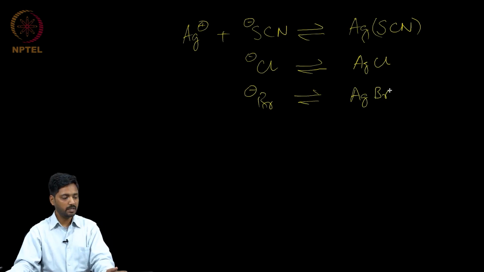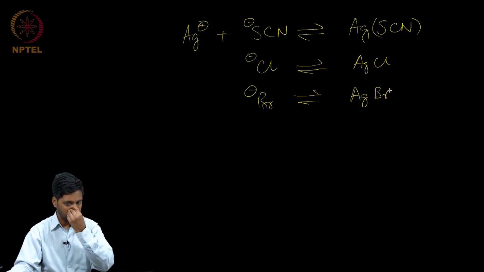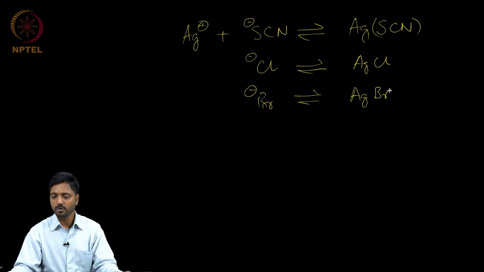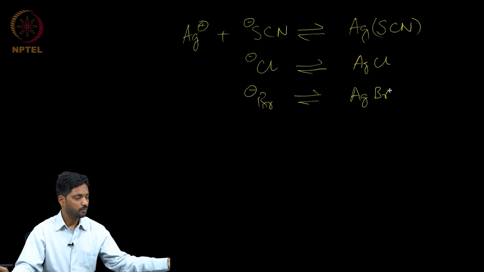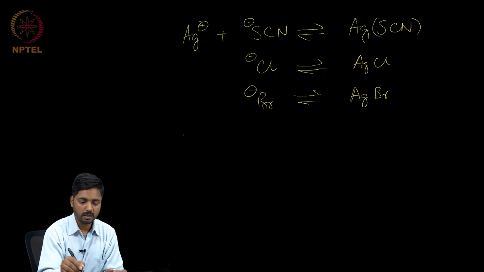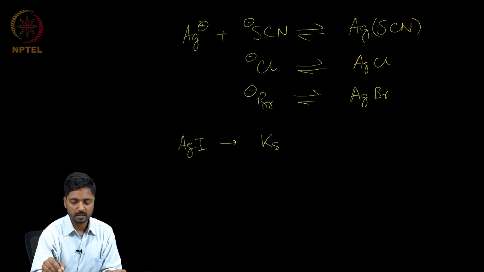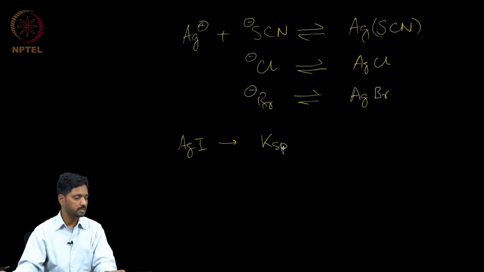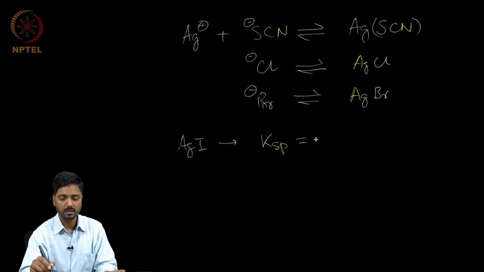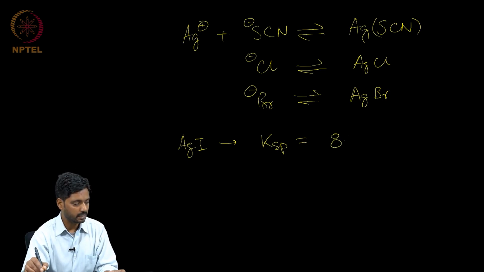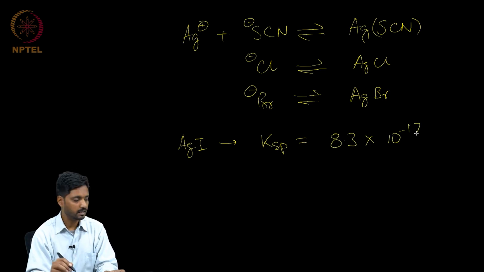Now, since it is an equilibrium reaction, all of these reactions are having an equilibrium constant for each of these. For example, for silver iodide formation, the solubility product is quite low, at 10 to the power of minus 17.